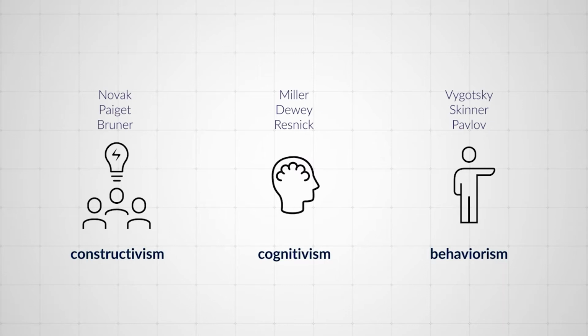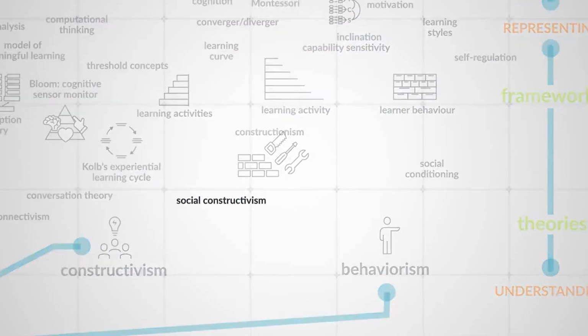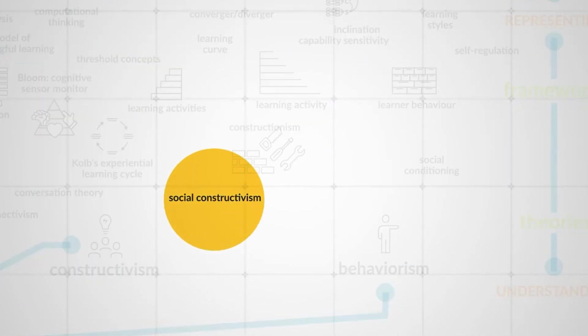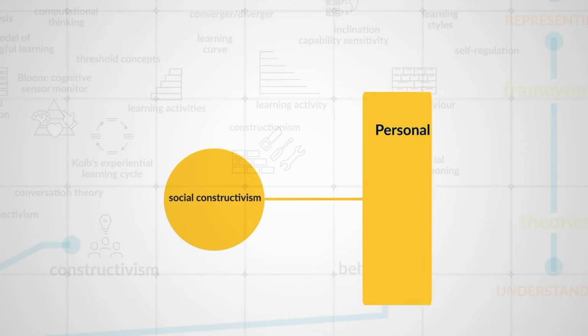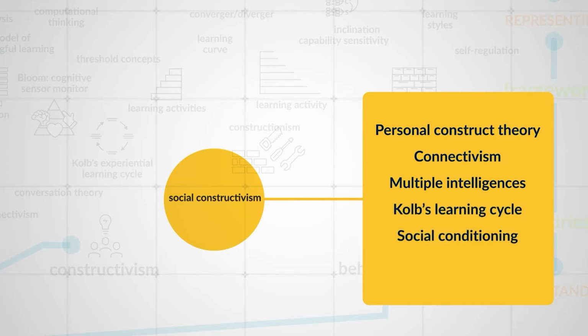The most significant is based on constructivism. It is social constructivism. The other learning theories and frameworks for learning we will consider in this module are personal construct theory, connectivism, multiple intelligences, Kolb's learning cycle, social conditioning, and constructionism.